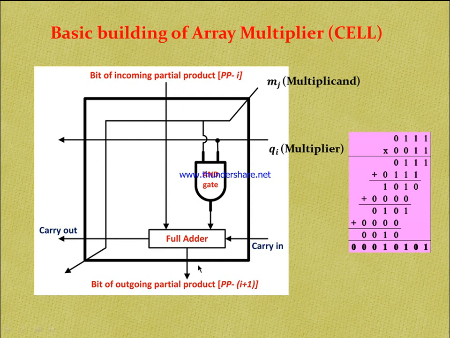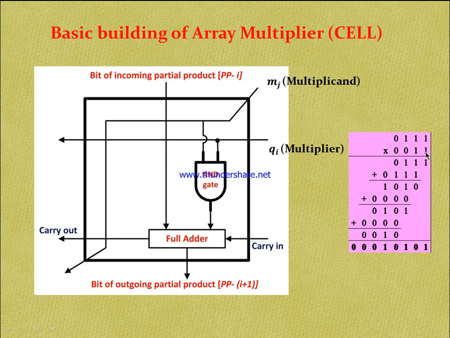So this result will be the incoming of the next cell. That means the incoming of this cell is this one. So this result will be the next input to another cell. Now let's check for this particular example.